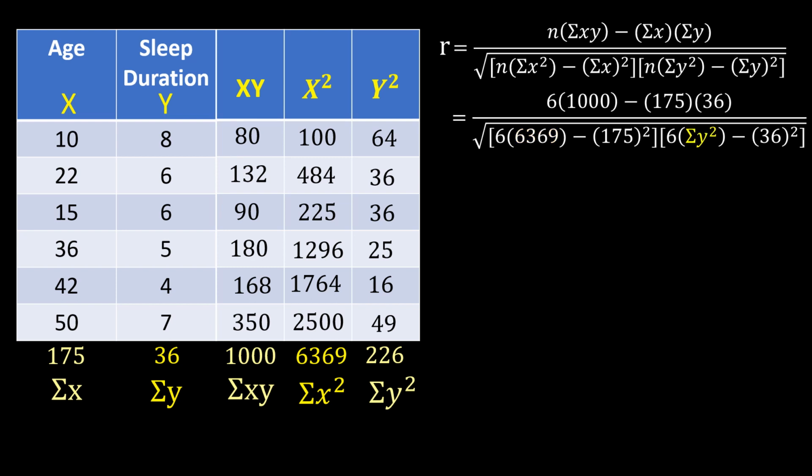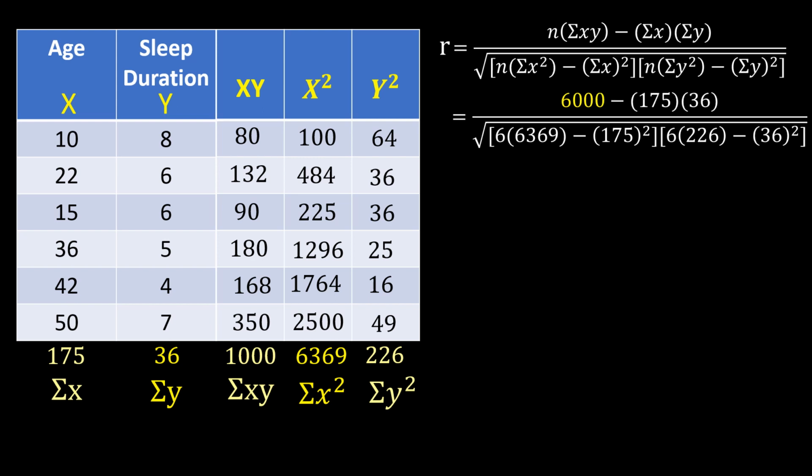And then the sum of y squared, which is 226. All right, so we replace or substitute all the values in our formula, and let's start computing. We're going to start with 6 times 1000.